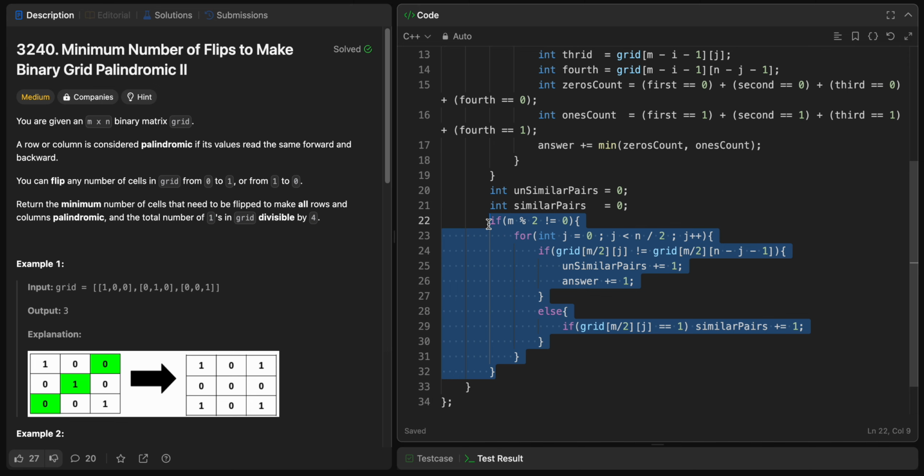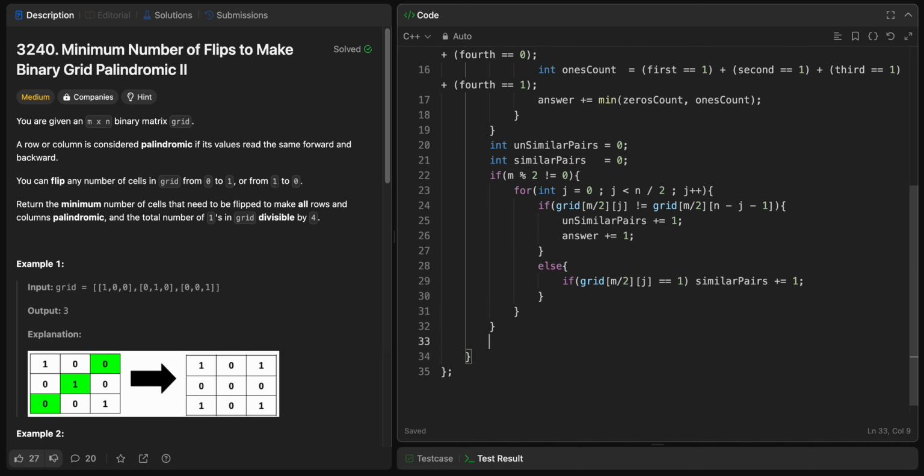This should be the same if I'm having an odd number of columns as well. Just need to change the variable names.